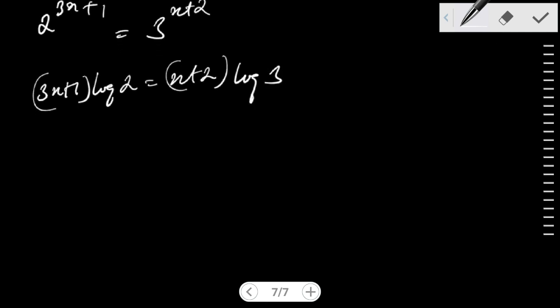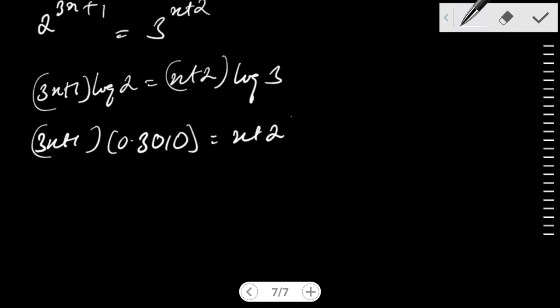Therefore, this is going to be 3x plus 1, this is going to be 0.3010, equal to x plus 2, close this, 0.4771.